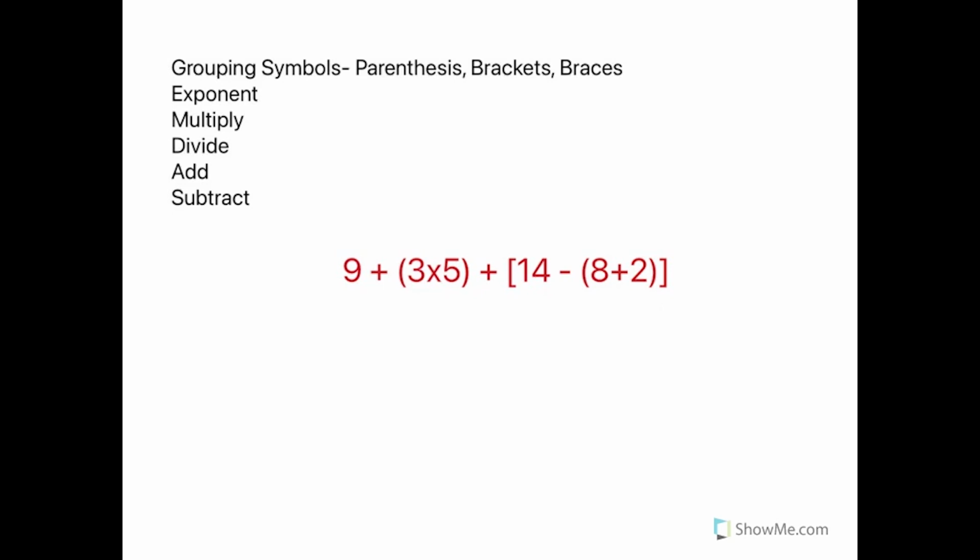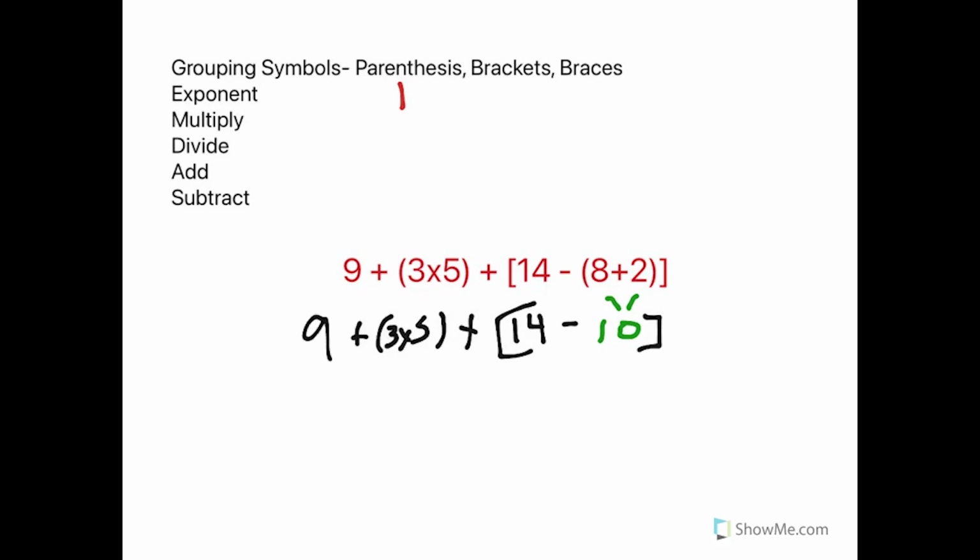So we are going to look at this problem, and the first step is going to be to do our parentheses. So our parentheses are right here, the 8 plus 2, which is 10. And then we'll do minus the 14, keep it in the brackets, plus 3 times 5 plus 9.